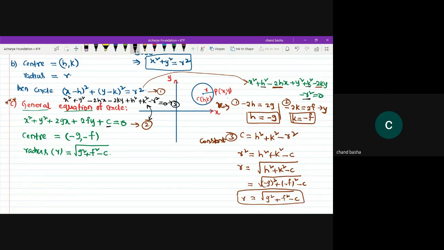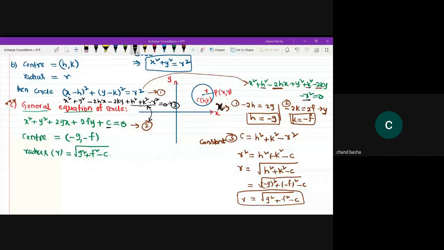Now you can understand, whenever I compare x coefficients, the corresponding coefficients are equal: minus 2h is equal to 2g. Whenever I equate y coefficients, minus 2k is equal to 2f. Whenever I equate constant values, in place of c we have h square plus k square minus r square. Now you can understand, Ritvik. Yes, sir.